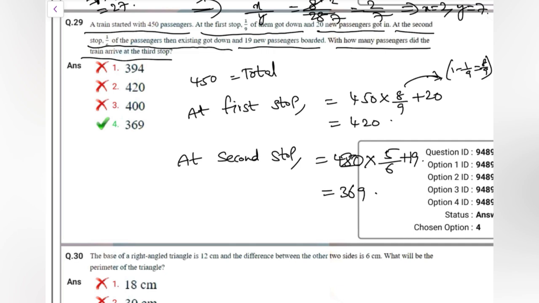So 369 passengers arrived at the third stop, which is option number 4.